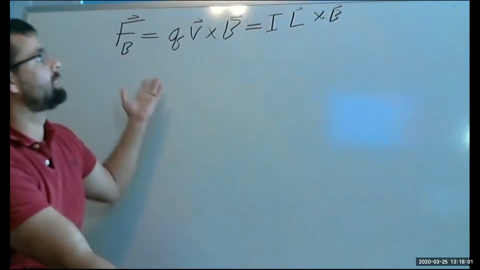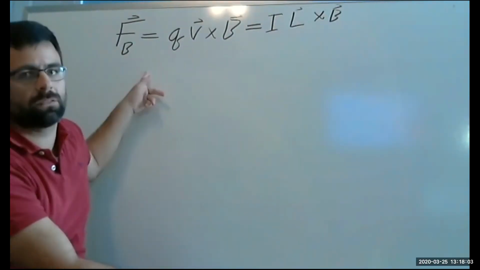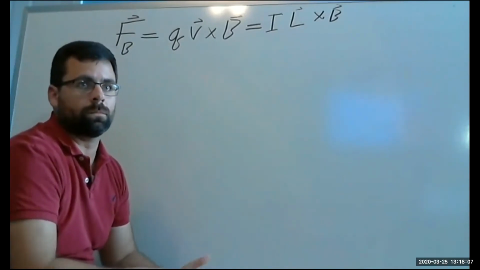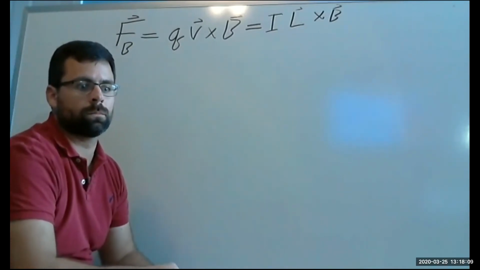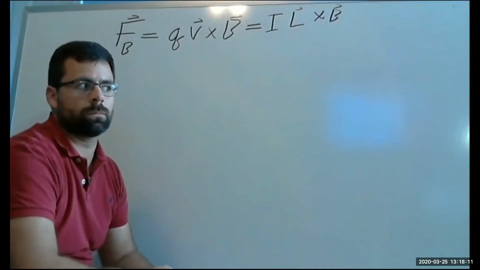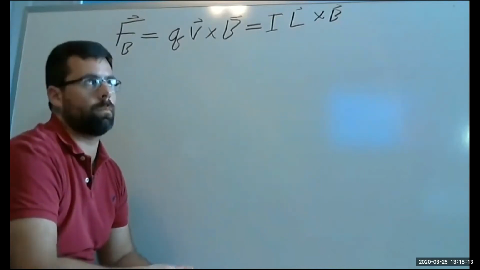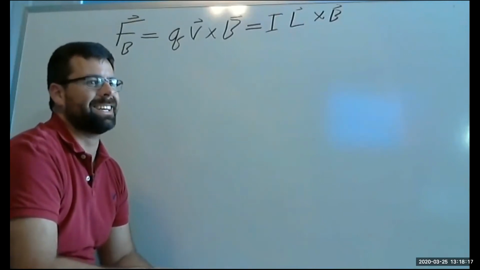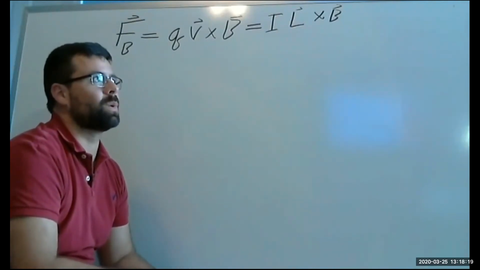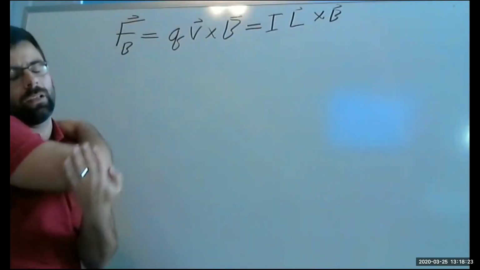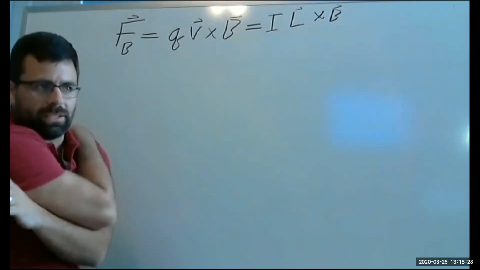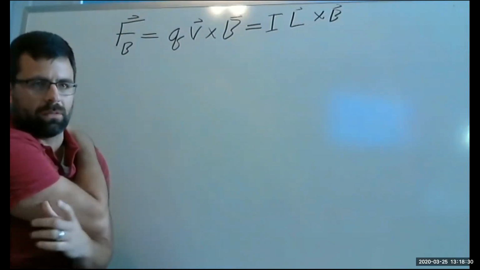Well, how can we tell that on these equations? With I, you can tell by how big the current is. How fast is kind of a weird thing to say about current.